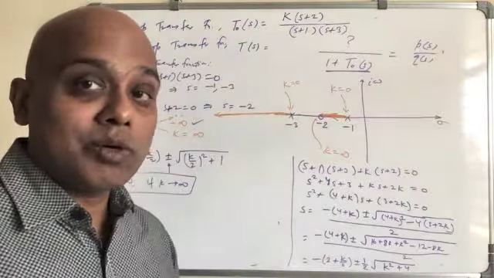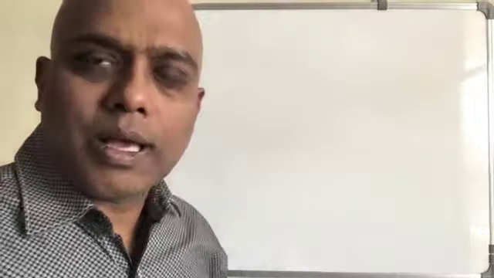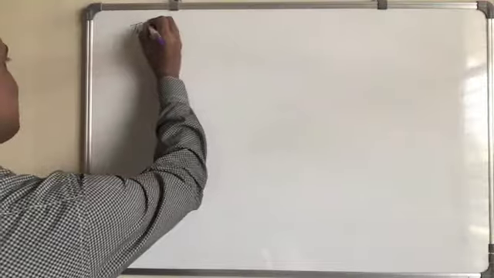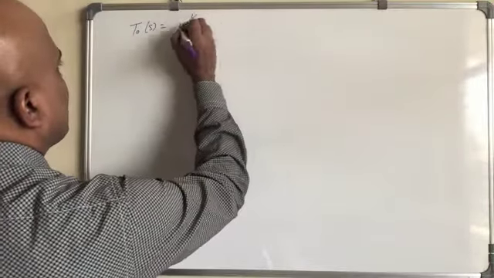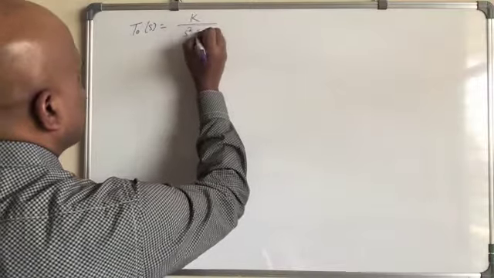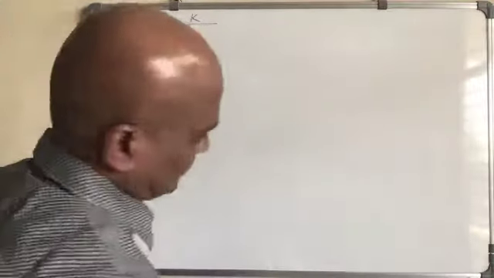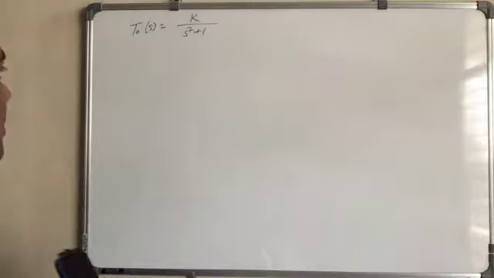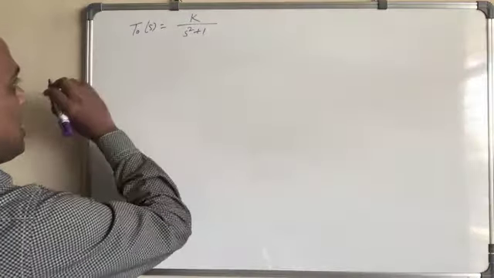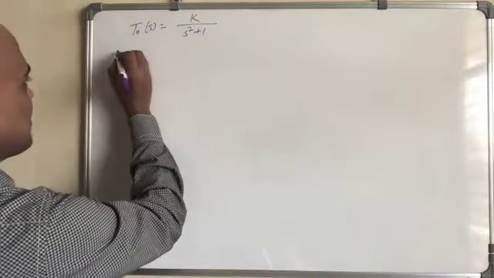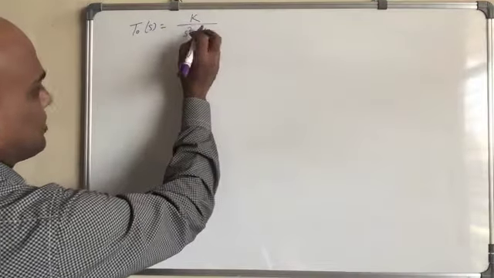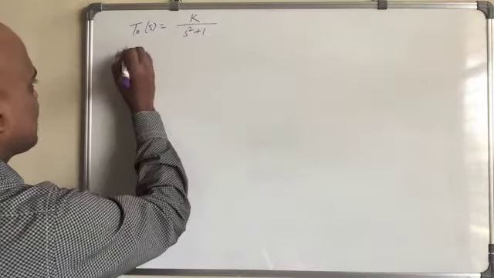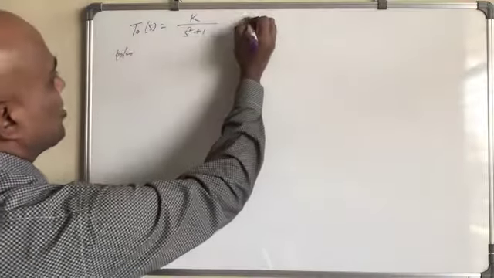Let's look at the open loop transfer function T naught S equal to K over S square plus 1. Hence there are no zeros in this case, only poles. This is the open loop, remember?